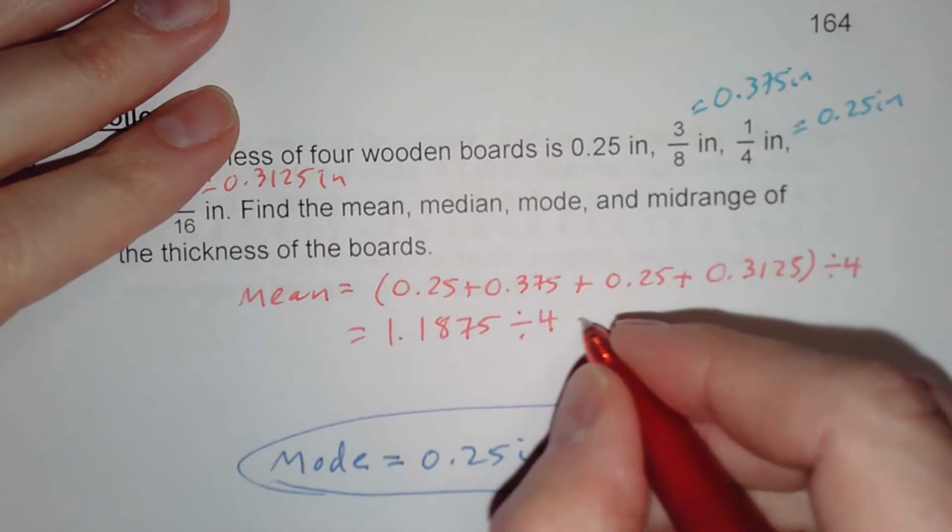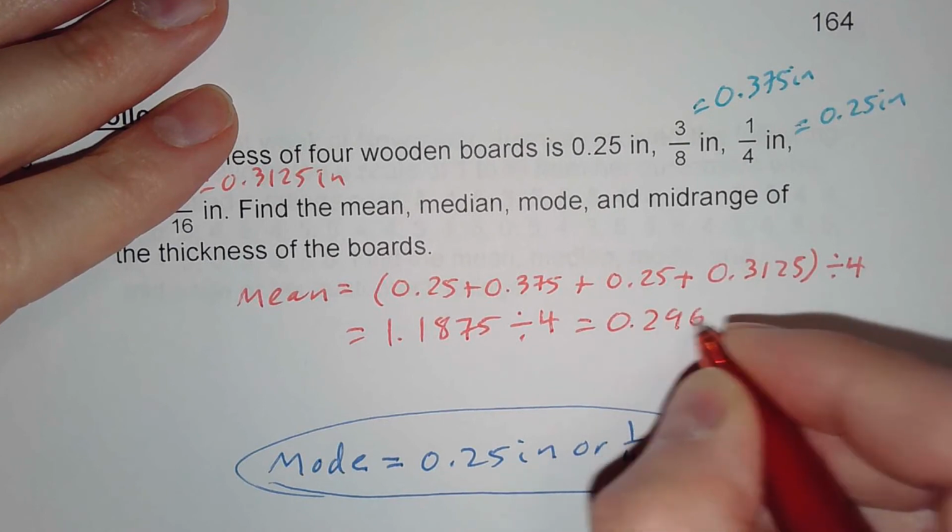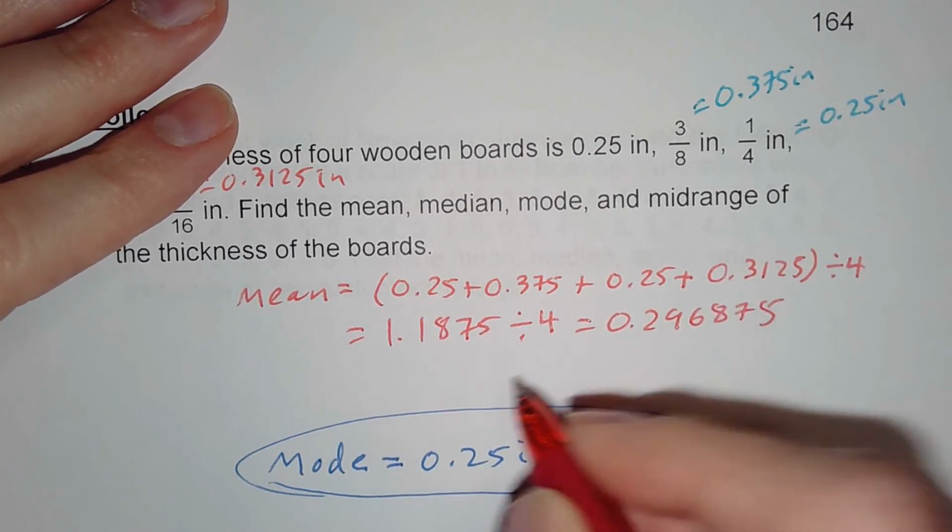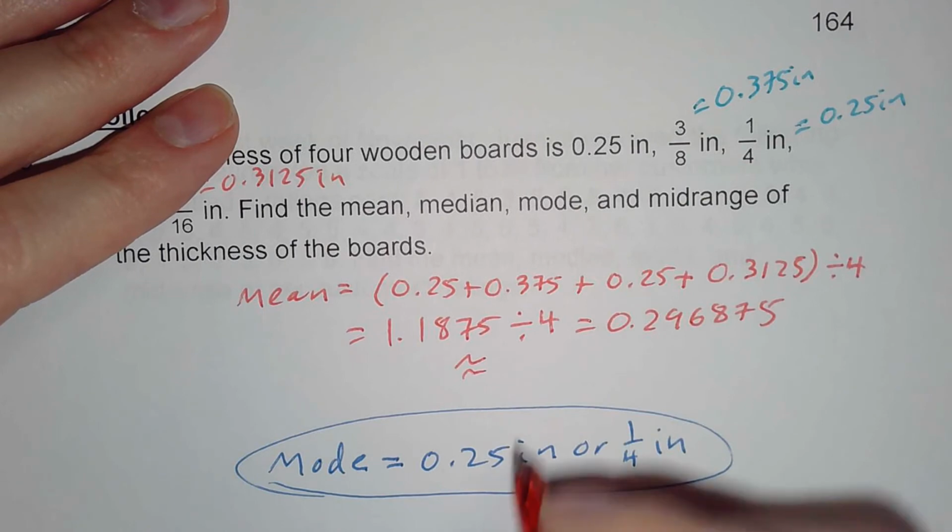So we're going to have to do some rounding here. So I guess we'll go to 4 places.